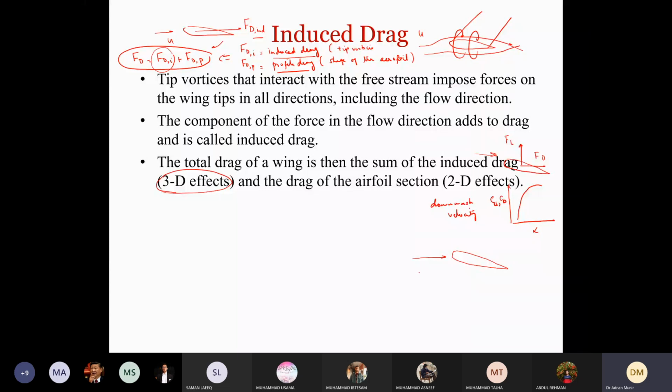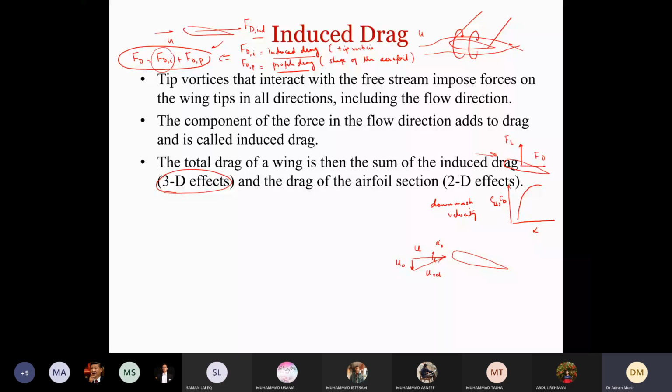Because of this downwash velocity that the aircraft will be feeling, this is the downwash velocity. This is the incoming flow velocity, this is U naught. Then we define the relative velocity as this, U relative, right? And then we define this angle as alpha naught, for example. This is different from alpha. This is just to show you what induced drag is.